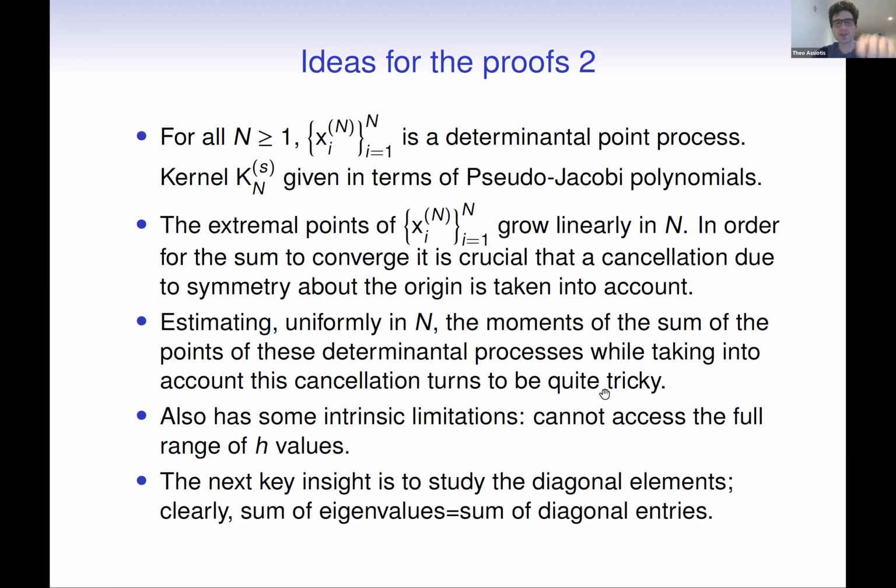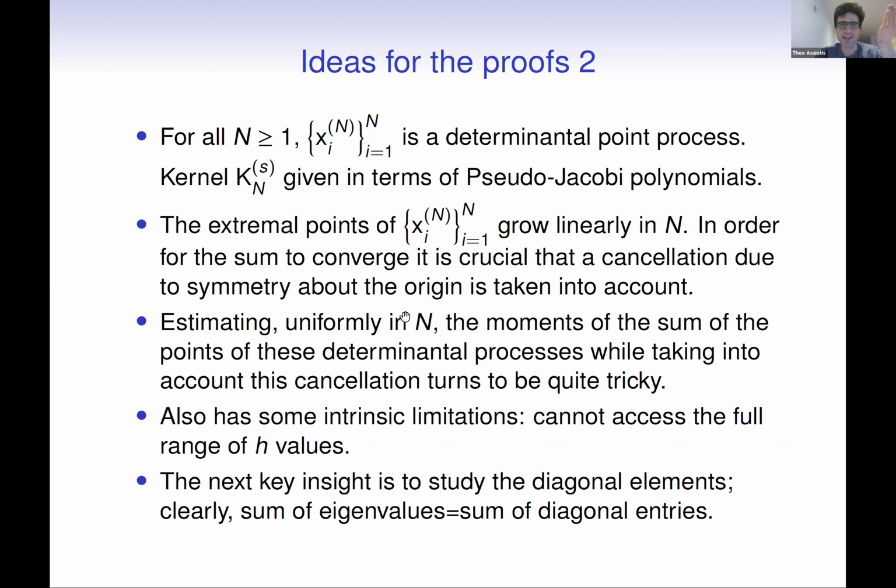It's possible to make it work to some extent, but we cannot access the full range of h values. You can only go up to some integer, so you can get a bound for some integer h, and then you can do the rest, h less than that. So you cannot go up to s plus 1/2 in principle, at least in this way.